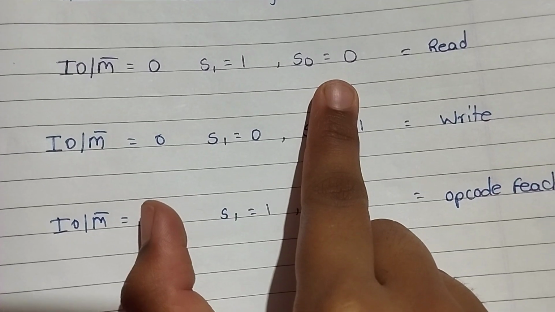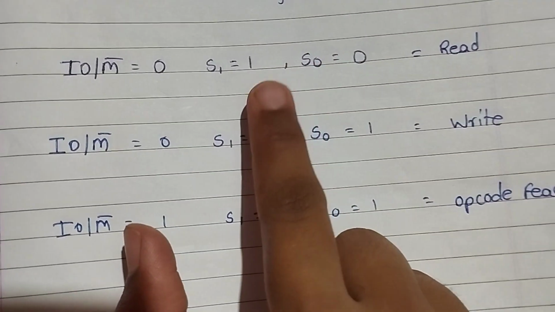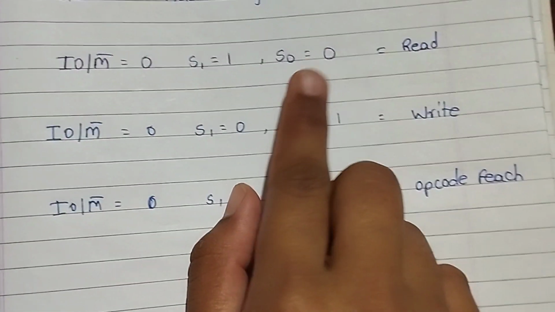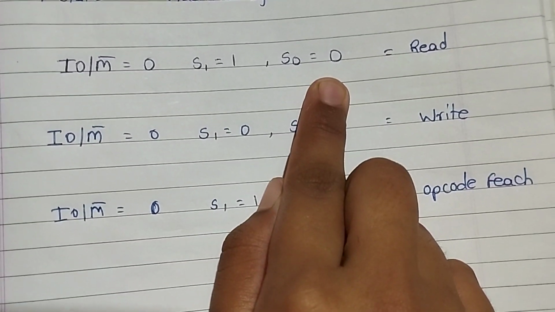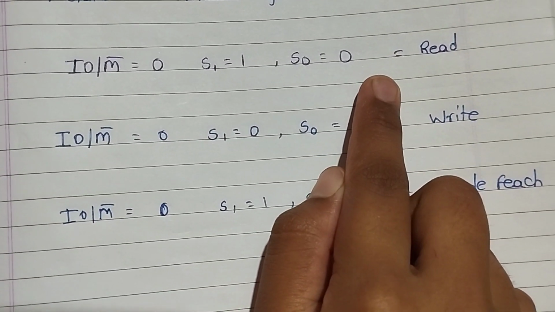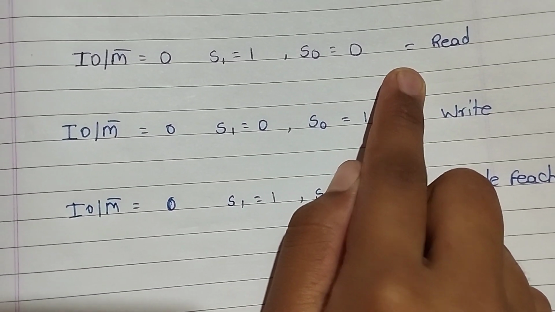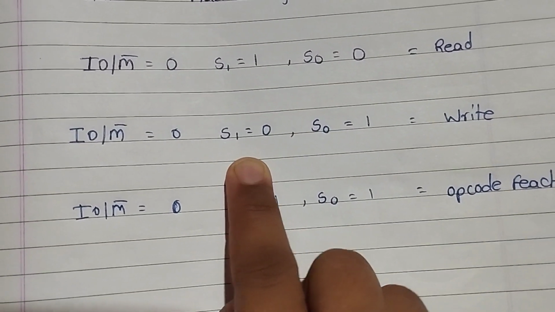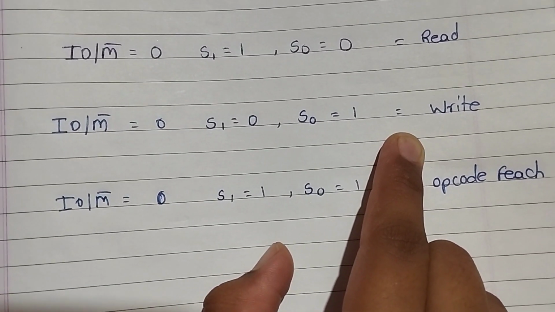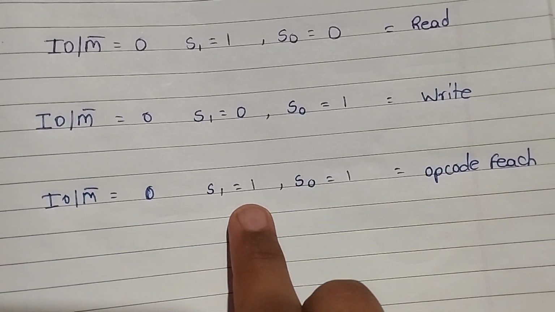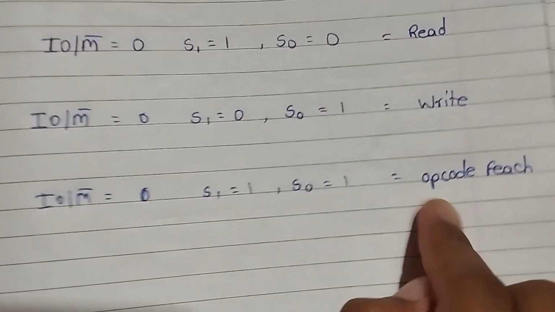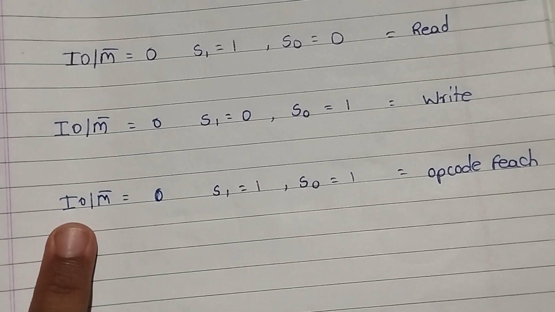Keep in mind, when S0 is 0 and S1 is 1, the read machine cycle is executed. When S1 is 0 and S0 is 1, the write machine cycle is performed. And when both S1 and S0 are 1, the opcode fetch machine cycle is executed. IO/M bar for all 3 cycles is 0.